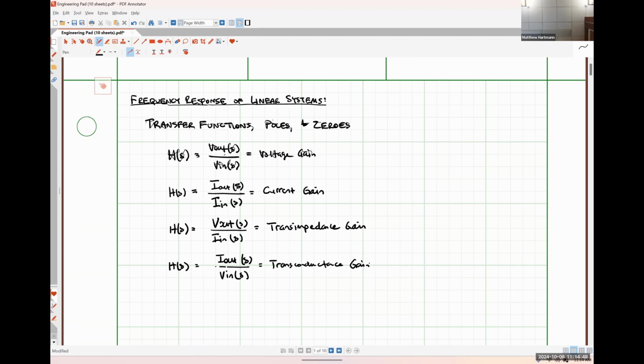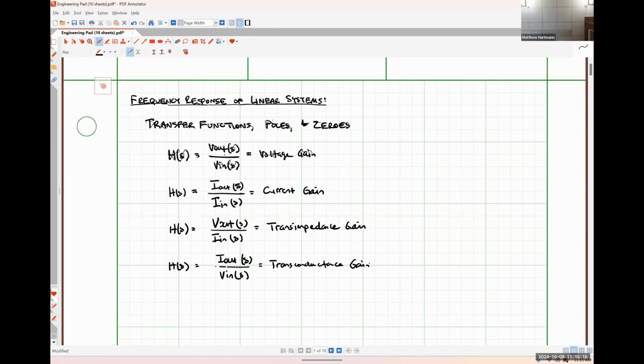These transfer functions are extremely useful because they provide a way of describing the output of the network due to any input. So they are playing the role of the impulse response h of t, but in the S domain.